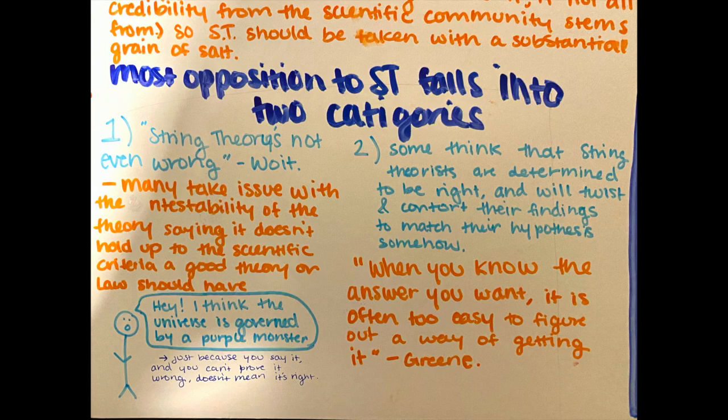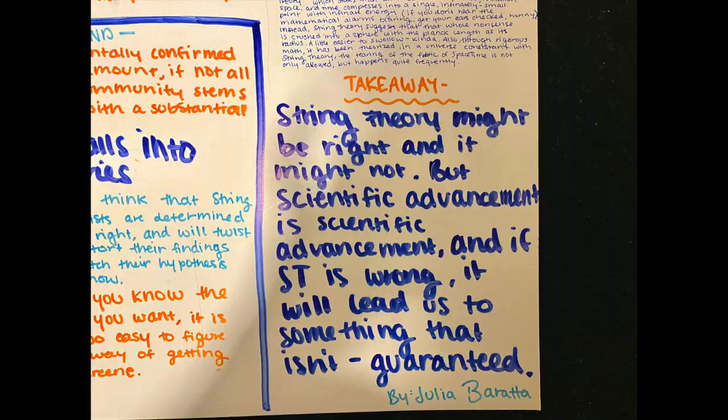How I interpret that is that string theory is so broad, because it's the theory of everything, that's the coined term for it, it's so universal that you can take any sort of finding that you might get and make it make sense in the theory. So a lot of opposition says that there's no point to it because it's so vague.